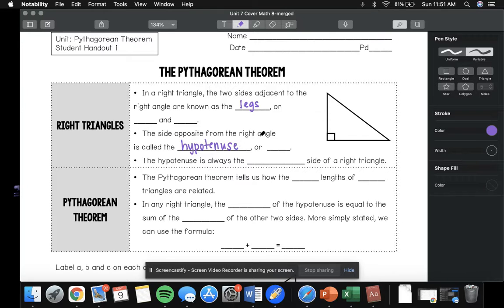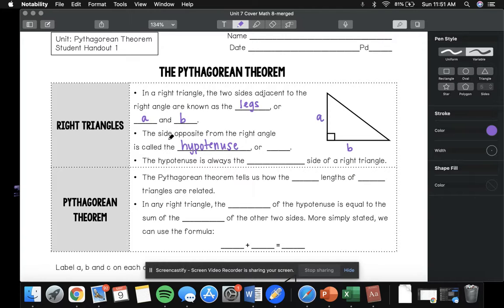Okay, so again, math people don't really like a lot of words, and so they usually label them a little bit differently. So for our legs, which are right here and right here, they label them with the letter A and the letter B. So here are my legs, and so I'm going to label them A and B. And technically, it doesn't really matter. You could put the B right there and the A right there.